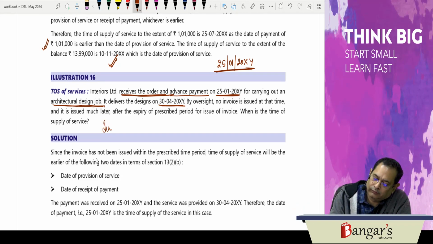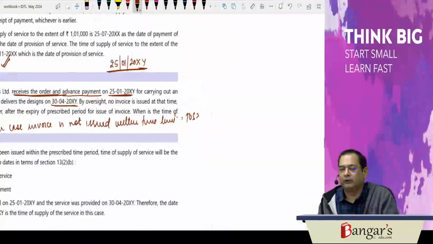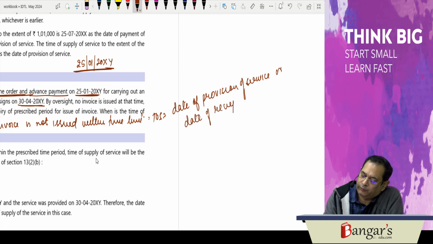So in case the invoice is not issued within time limit, time of supply will be the date of provision of service, or date of receipt of payment, whichever is earlier.